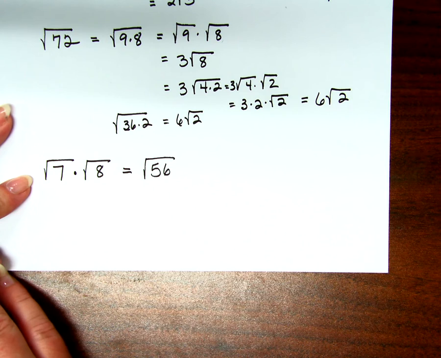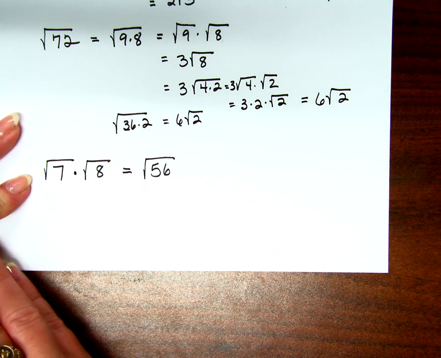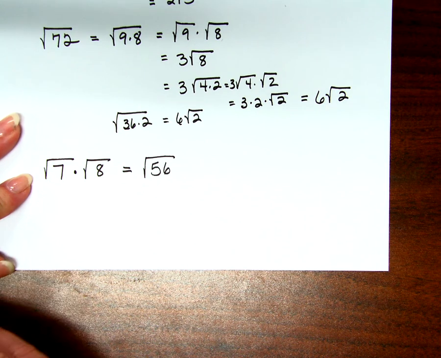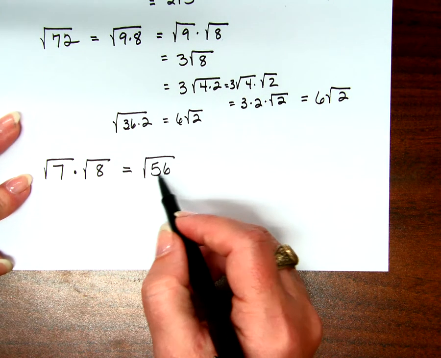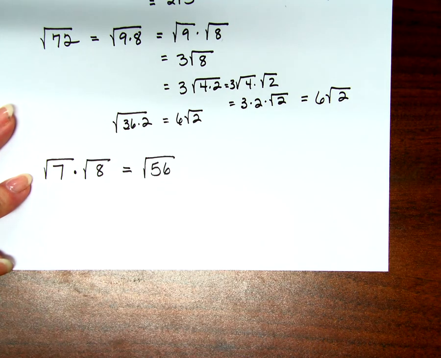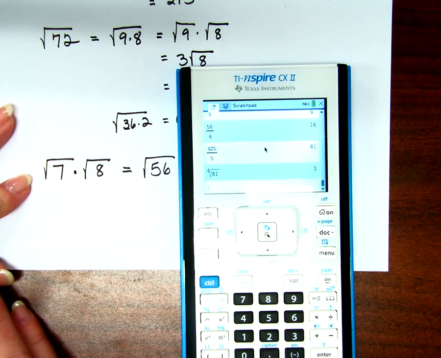Is that simplified all the way? We'd have to think about it for a second, right? 56 is 8 times 7. I don't know the square root of 8 times 7, or the square root of 8, or the square root of 7, but 8 has a 4 in it, right? So the 4 has to be divisible into 56. And if I don't happen to know what that is off the top of my head, I have a friend who can help me.